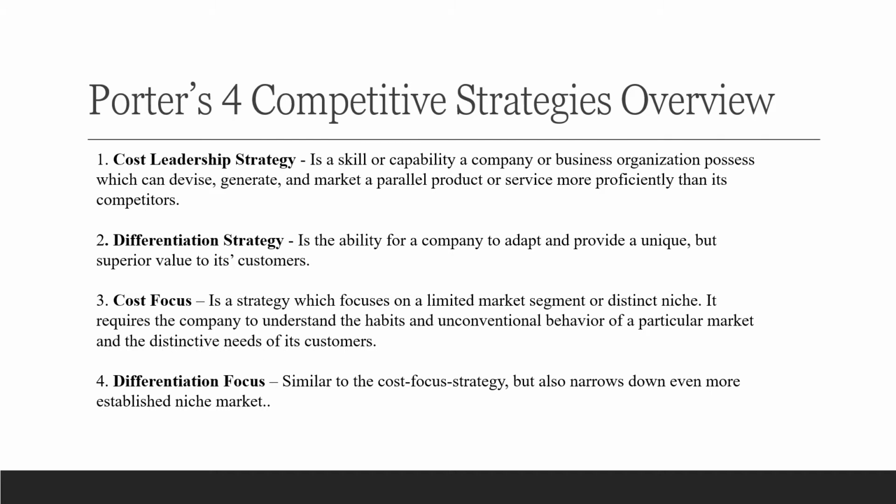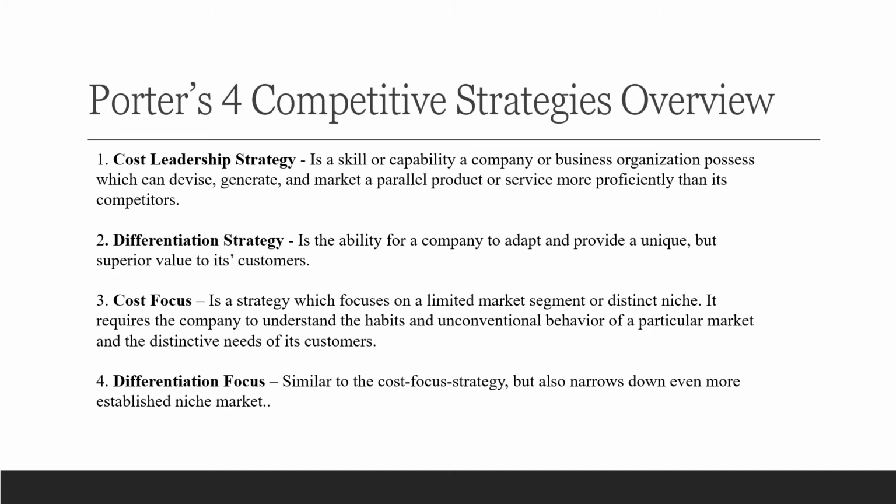Okay, so cost focus, which is the third, is a strategy which focuses on a limited market segment and distinct niche. It requires the company to understand the habits and unconventional behavior of a particular market and the distinctive needs of its customers. In this particular strategy, we're talking about a niche market mostly.